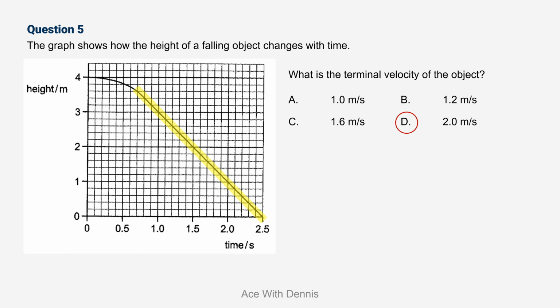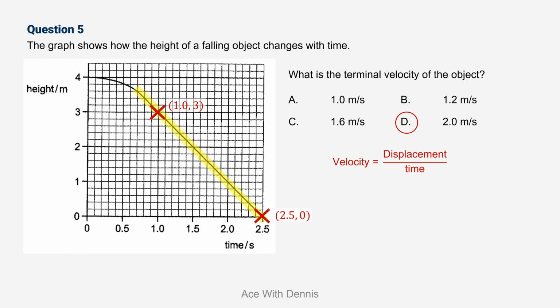So now we just need to find the gradient of this straight line. First, we can identify 2 points with coordinates that are easy to read. So maybe I will choose this point, with the coordinates of 1.0 and 3. And I will choose the second point, the last point here, which is 2.5 and 6.0.